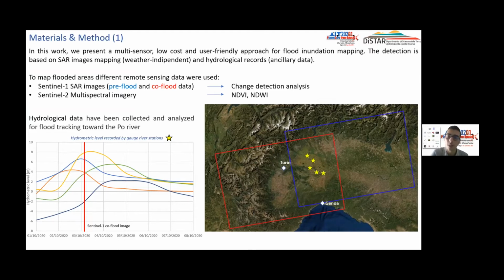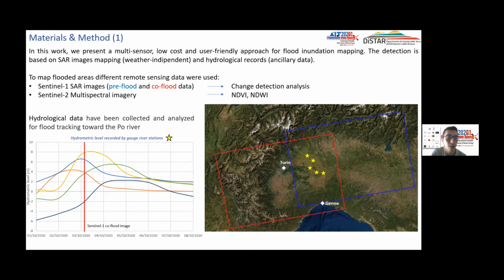In addition, Sentinel-2 multispectral images were considered to obtain the normalized difference vegetation index and the normalized difference water index to analyze the flood's effects on the soil.